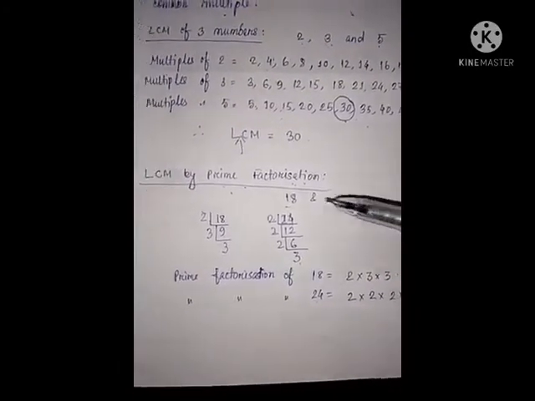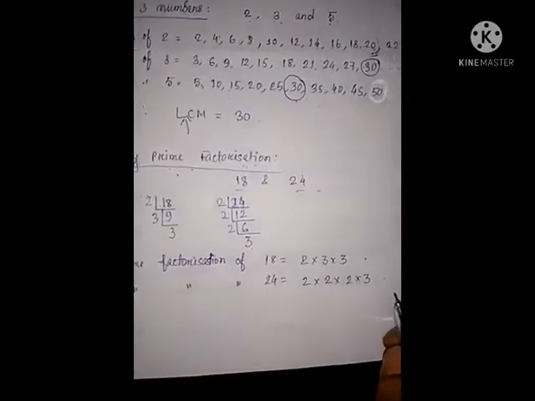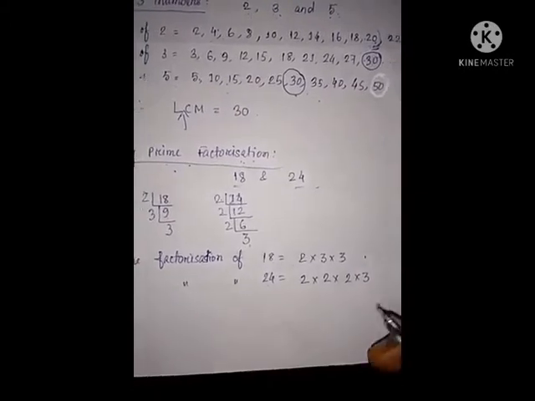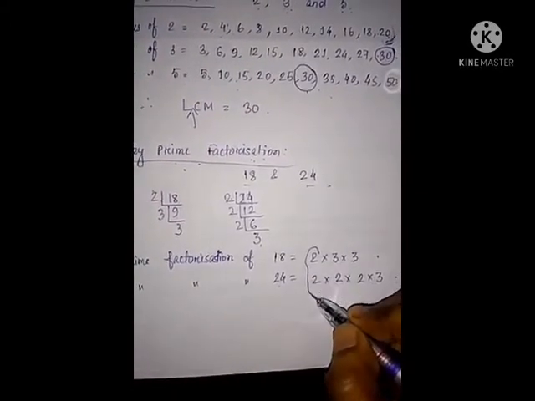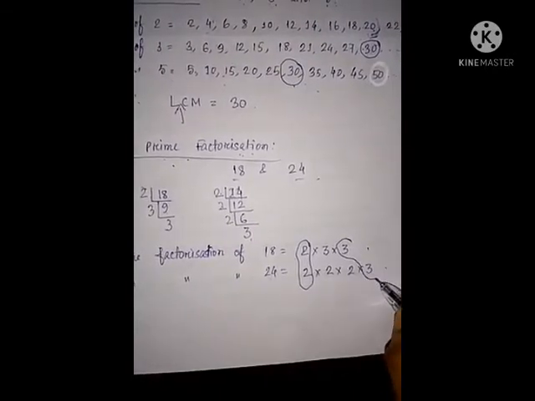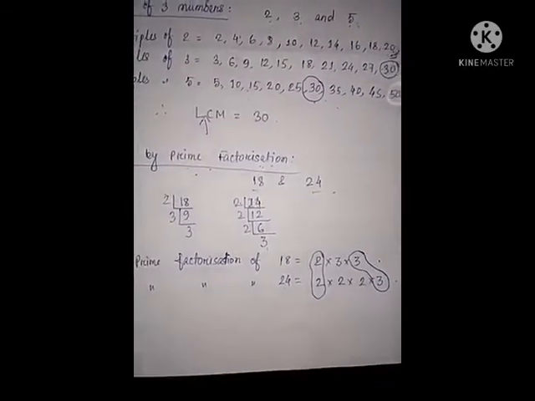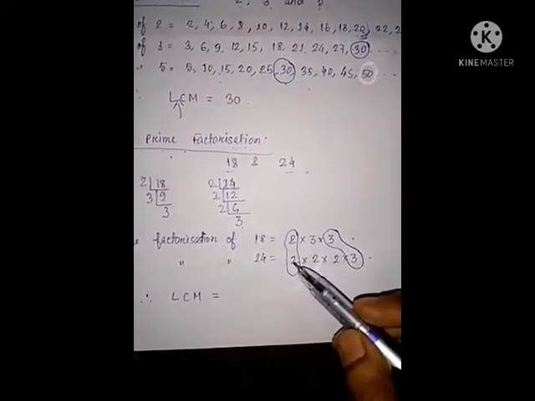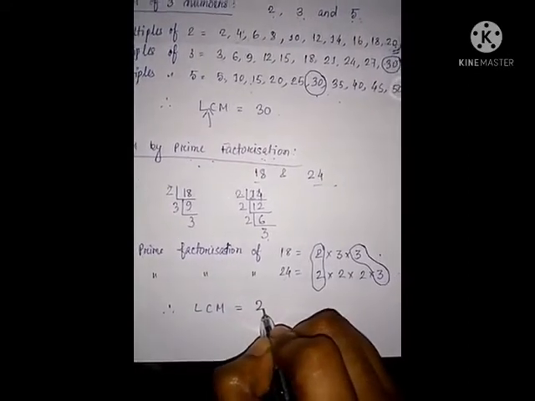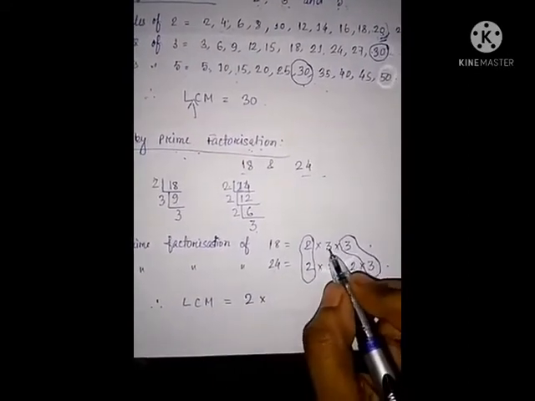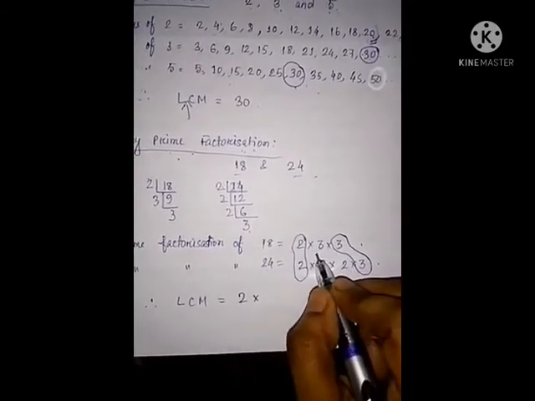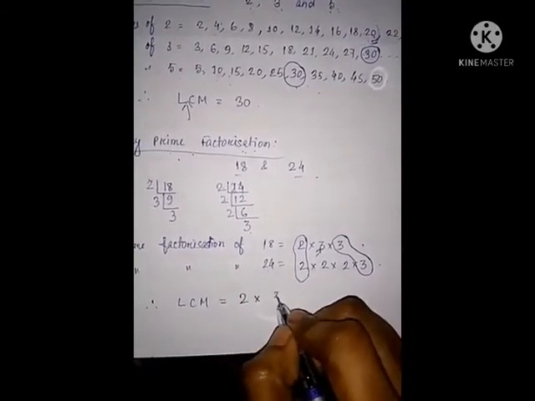Now what do we have to find out? We have to find out the LCM. How? See, in the prime factorization, what are the common factors? 2 is common in both and 3 is common in both. Hence 2 is common in both the numbers, so we take only one 2. Then 3, this is the remaining prime, and we definitely take this 3.